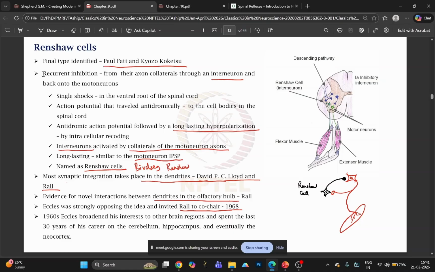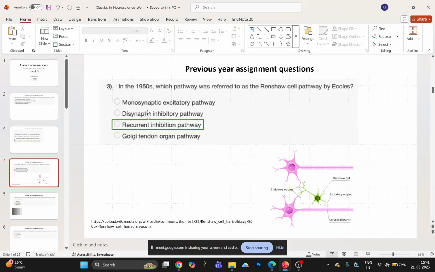So there is a recurrent inhibition of the motor neuron by the axon collaterals through the interneurons. This recurrent inhibition pathway was referred to as the Renshaw cell pathway by Eccles.